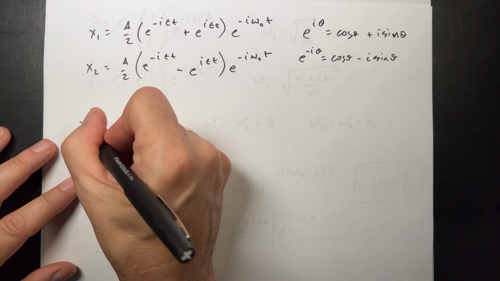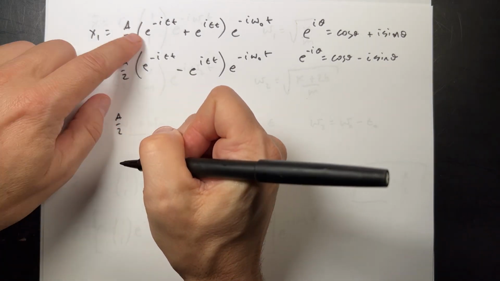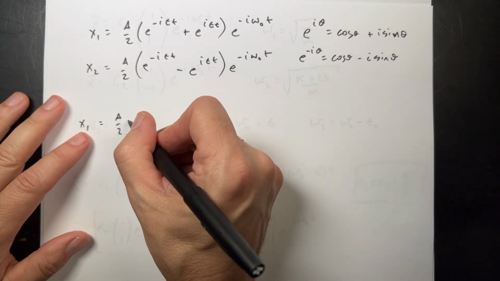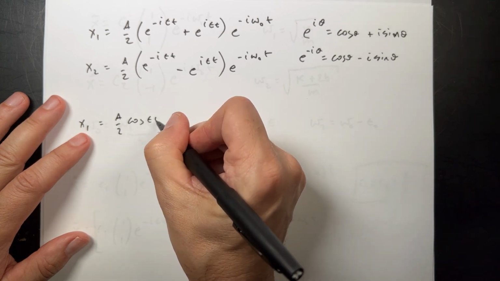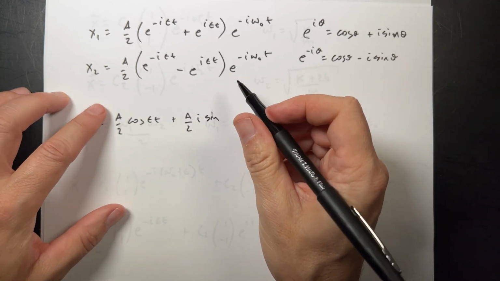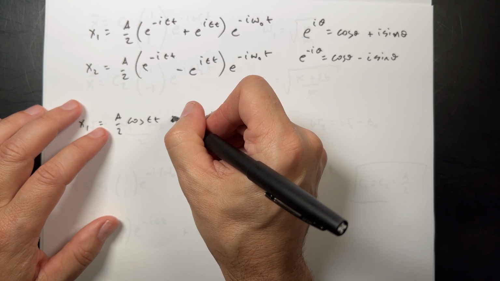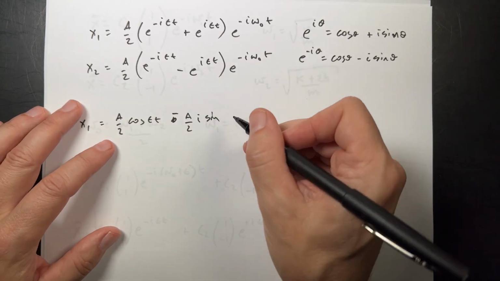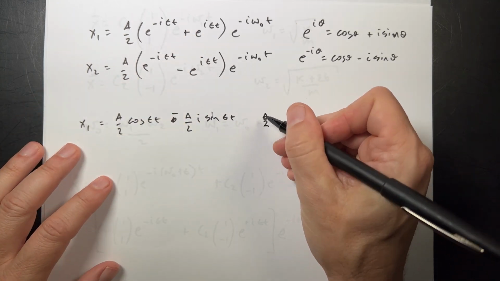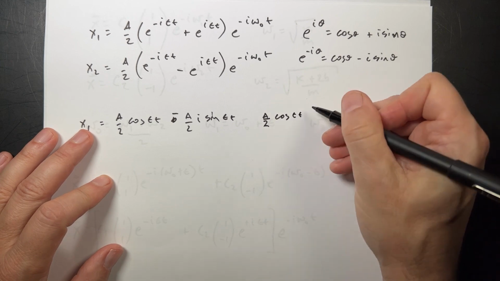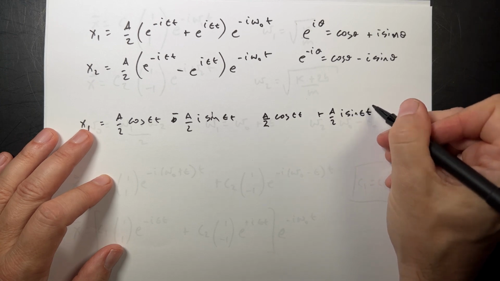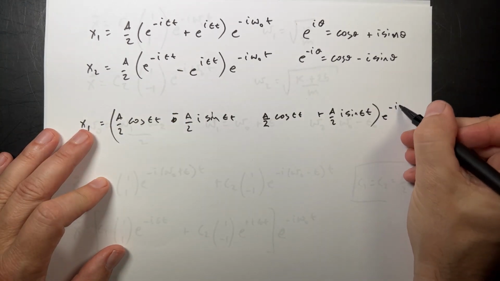Let's go up here with x1. x1 is going to be A over 2, e to the negative i epsilon t, which is equal to cosine epsilon t minus A over 2 i sine epsilon t. And then I have this term, A over 2 cosine epsilon t plus A over 2 i sine epsilon t. And then all of that is multiplied by e to the minus i omega naught t.